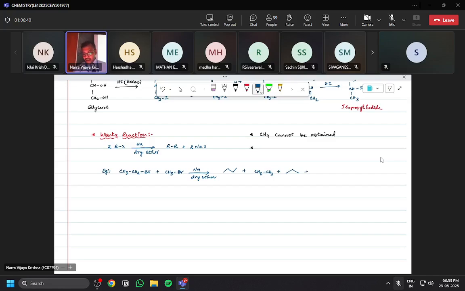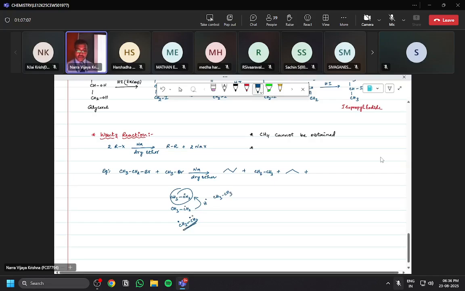Plus, ethyl radicals can undergo disproportionation also. Of two ethyl radicals, from one ethyl radical an H radical can transfer to the other. If the H radical is transferred from here to here, then what is left? You will get a CH2 radical, and the other will convert into CH3, which means nothing but CH2=CH2.